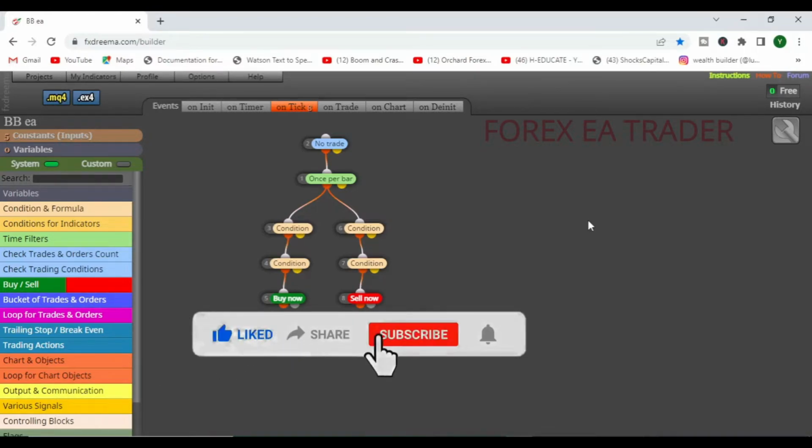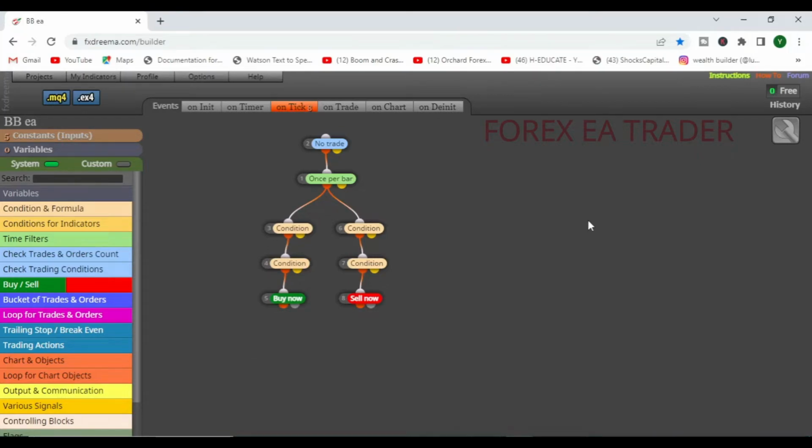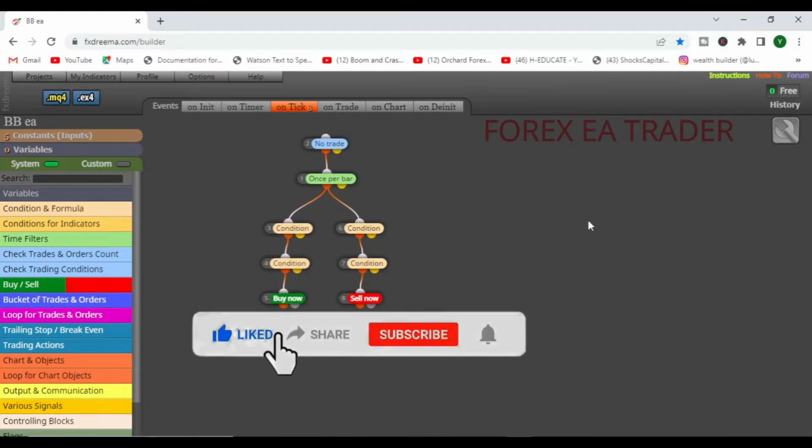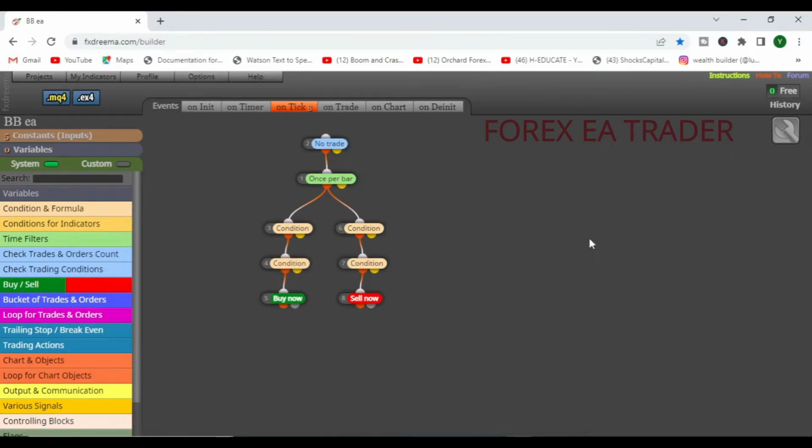I think I only tried it once or twice in my entire 5 years of trading. And in those two instances, I did not like it. But it seems to be a popular approach to trading. So many people do Martingale. So regardless of my opinion, I'll show you how you can actually add it to your Forex robot.